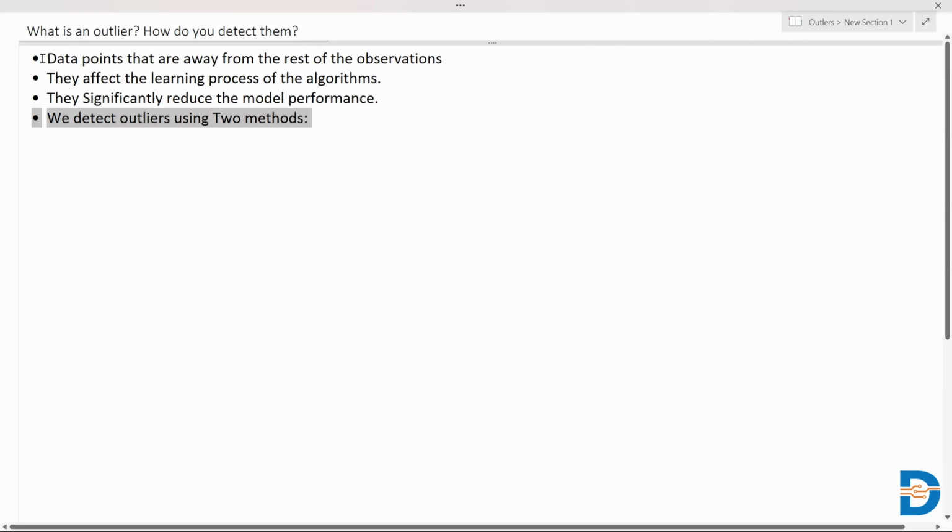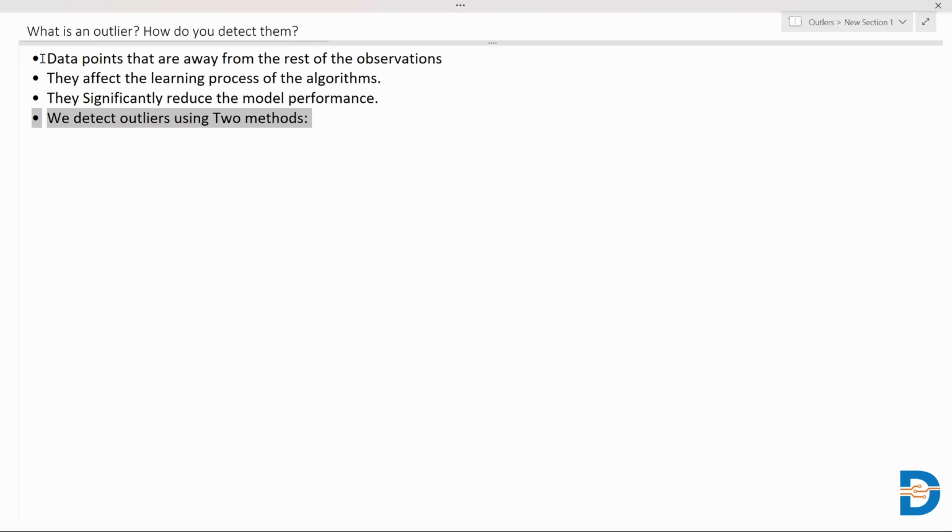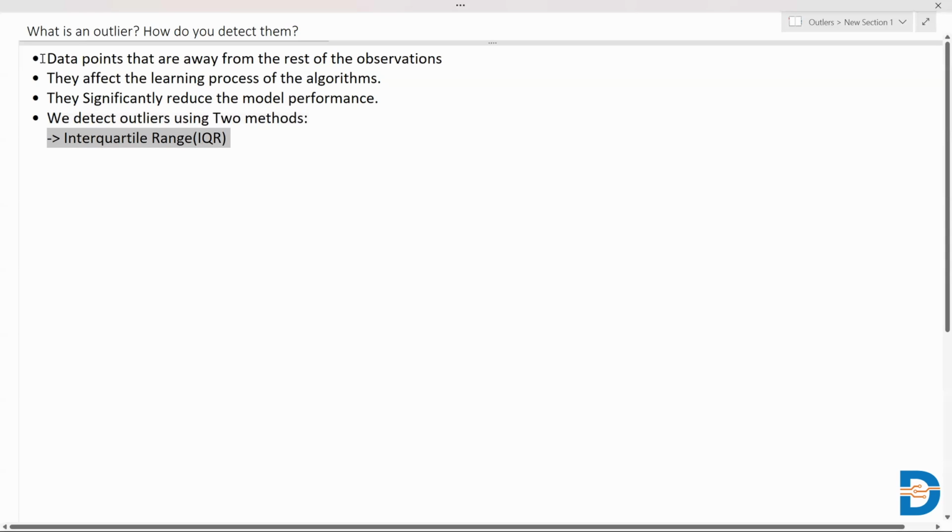Generally, there are ways to detect the outliers. One of the easiest ways would be box plots, which you have in your visualization and data analysis part. But we have two specific methods which can detect the outliers as well as handle them: the interquartile range and the empirical rule, also called the three standard deviation method.